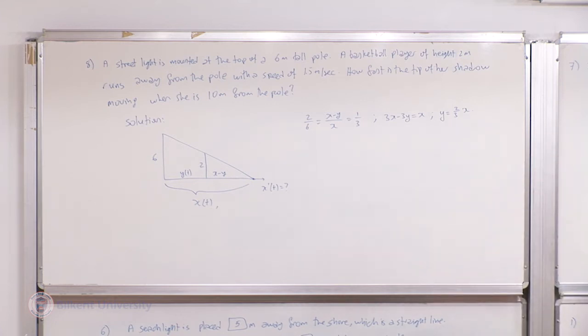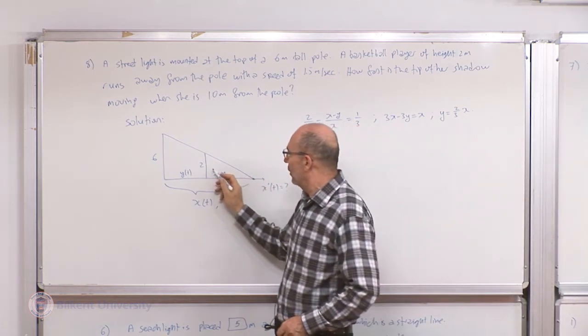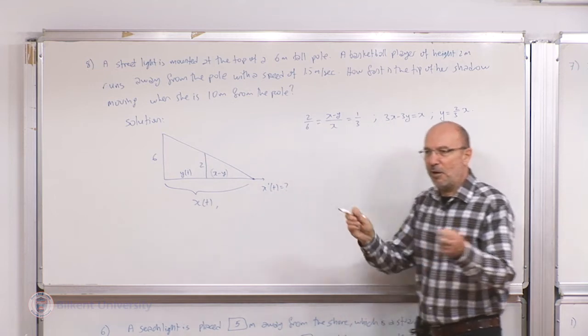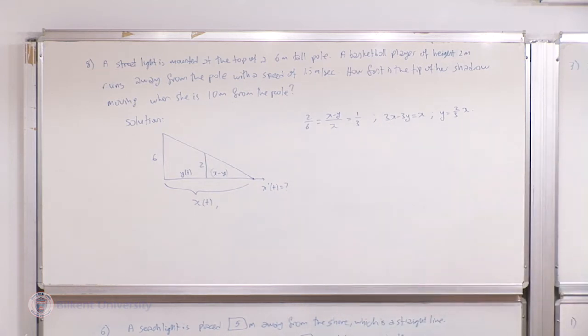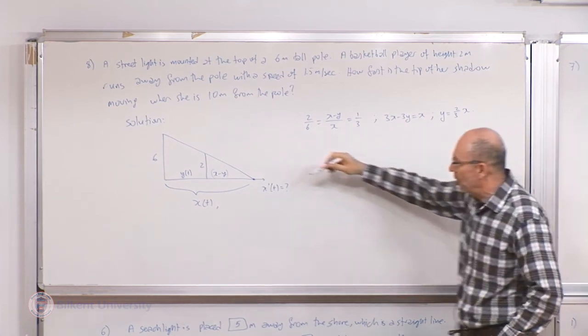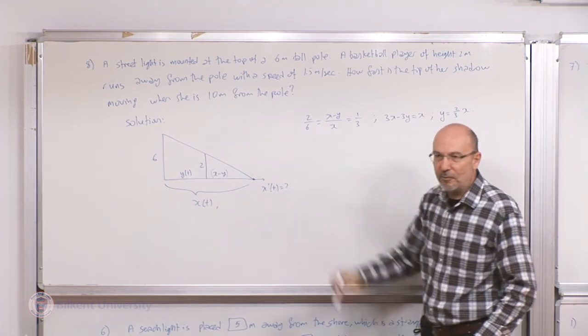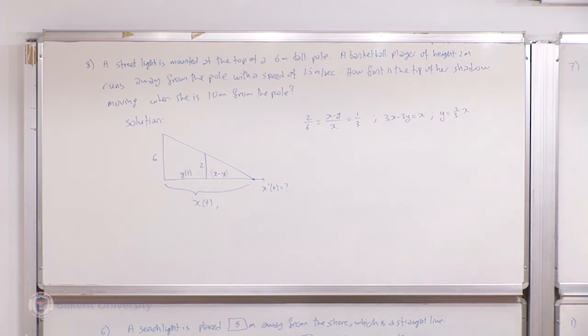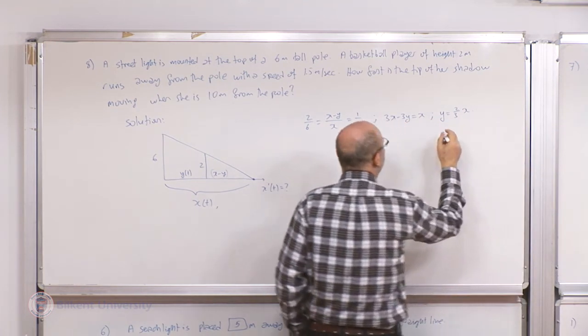You are right, but then that tells me how fast the shadow is increasing. Okay, so if I take the derivative of this, that tells me how fast the shadow is increasing. We want to know how fast this thing is moving. Okay, so then I have to take the derivative of x. Actually, I need x here.